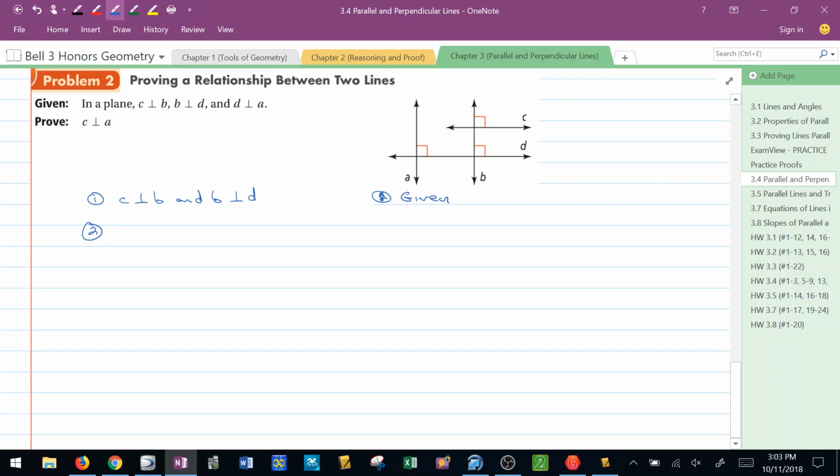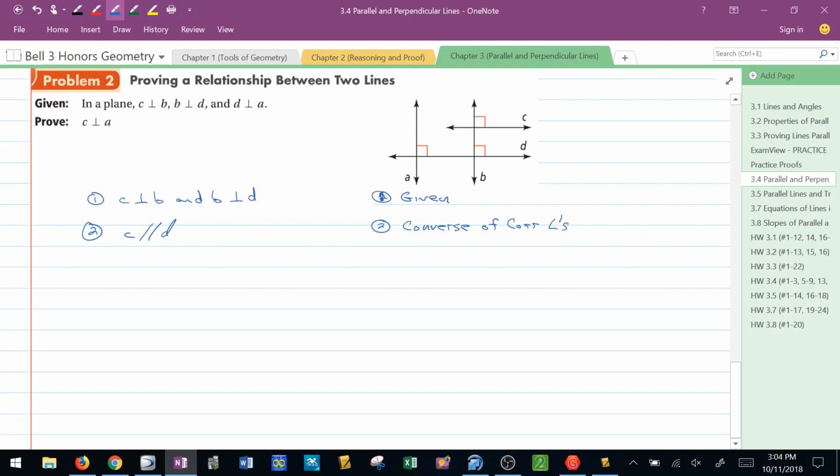Because of that, I can conclude that C is parallel to D, because of the converse of corresponding angles. Or I could also have said two lines perpendicular to the same line must be parallel. Either one of those reasons will be fine. Okay. But now I know that C is parallel to D.